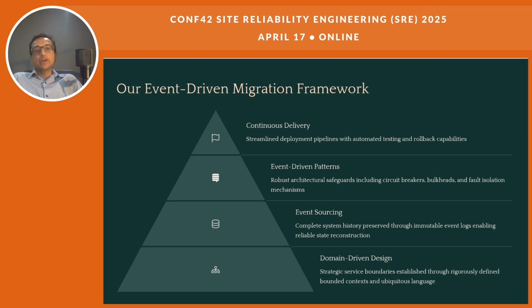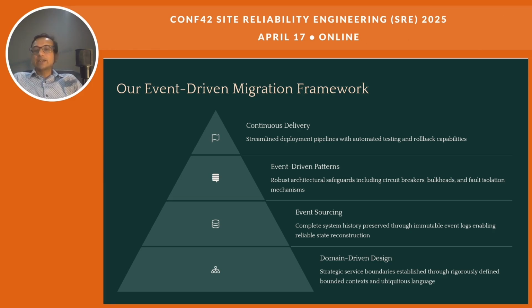Next is our event-driven patterns. Event-driven architecture is a design approach that ensures responsiveness and reliability in distributed systems by enabling components to communicate through events. It fosters decoupling, making systems more scalable and adaptive.